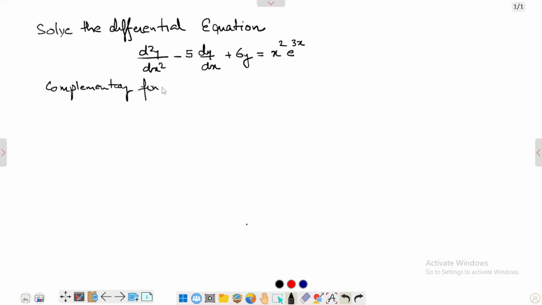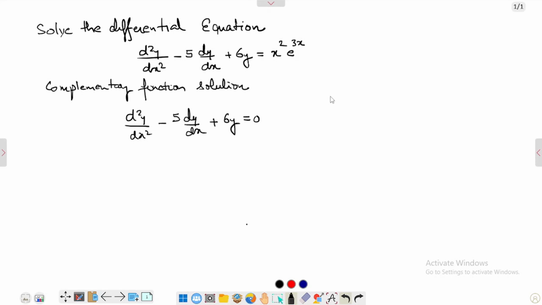I will rewrite this differential equation in this format: d square y dx square minus 5 dy dx plus 6y equal to 0.